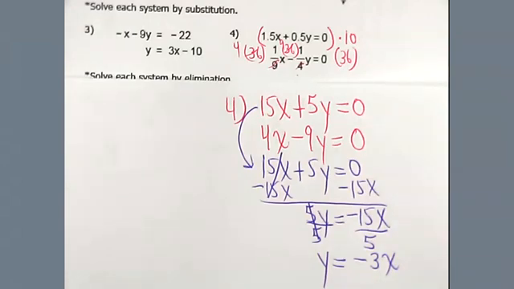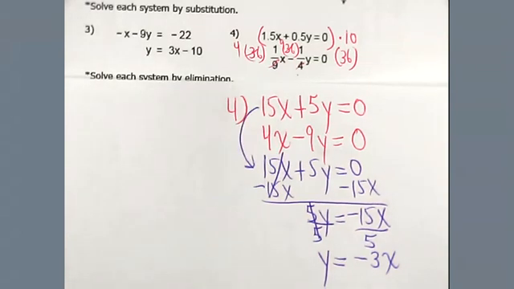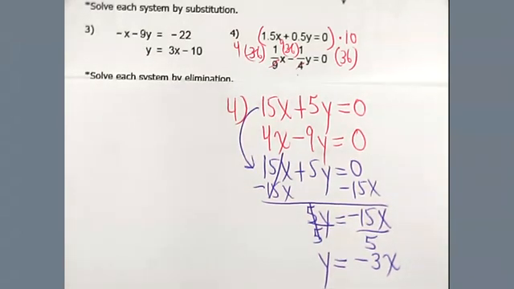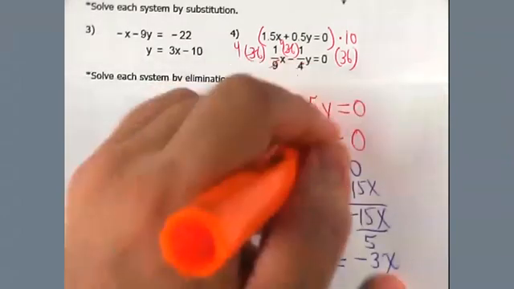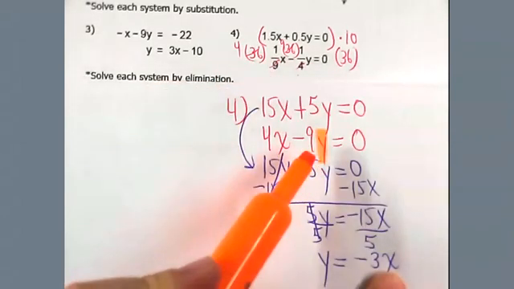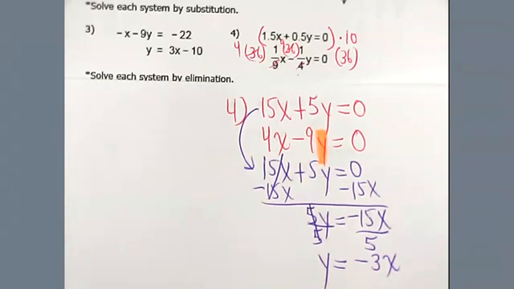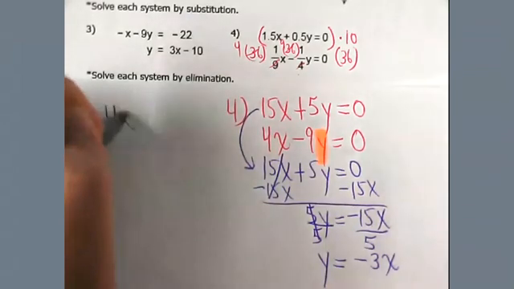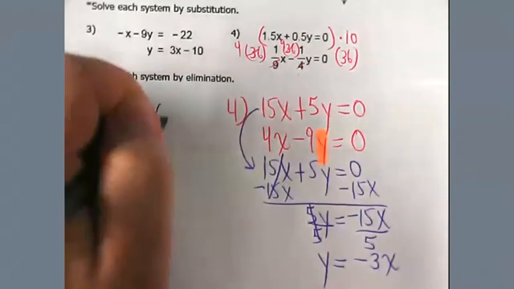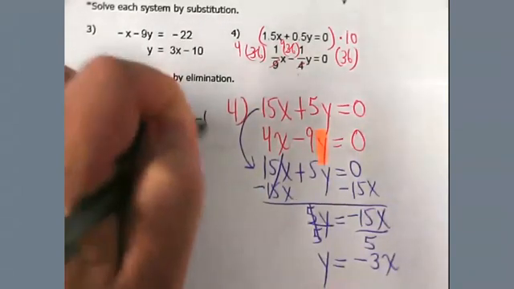Now we can use substitution. So all we're doing here is, in the second equation, where we see a y, we're going to copy and paste a negative 3x in that space. So we have 4x minus 9 times negative 3x equal to 0.